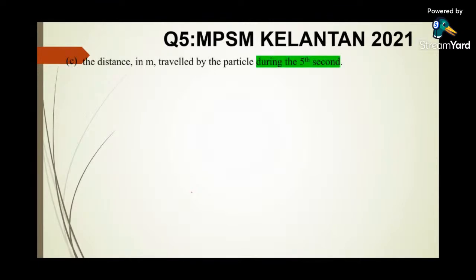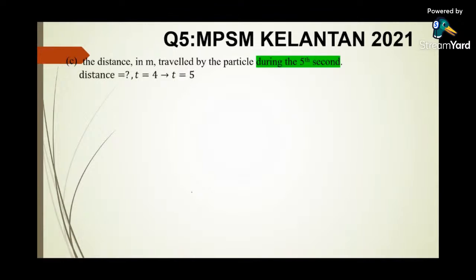Ini special during. Bukan first. Dia ada during. Kalau bahasa Melayu first 5 second, 5 saat yang pertama. Kalau during 5 second maksudnya pada saat yang kelima. Dia nak yang kelima sahaja. Kalau first 5 second maksud dia T0 tambah T1 tambah T2 tambah T3 tambah T4 tambah T5. But then if it's during the 5 second dia nak T5 sahaja.